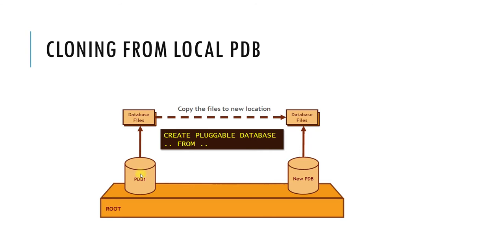So we will be copying that. The copy will happen from the source to the destination. This arrow demonstrates that. There will be data files already available in PDB1. It will be copied to PDB2, creating the new database, with whatever database name you mention.